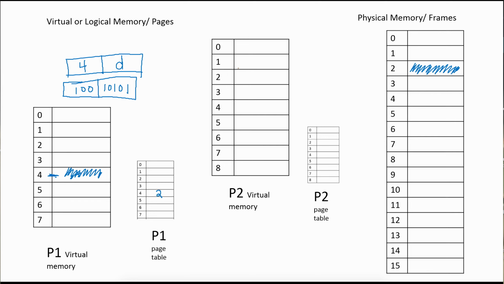So this would then generate a physical address for this, where we would have frame 2, and the offset within the frame is going to be the same.